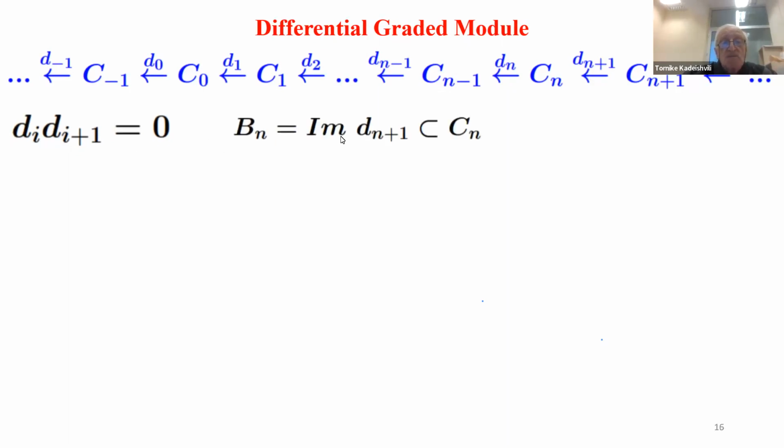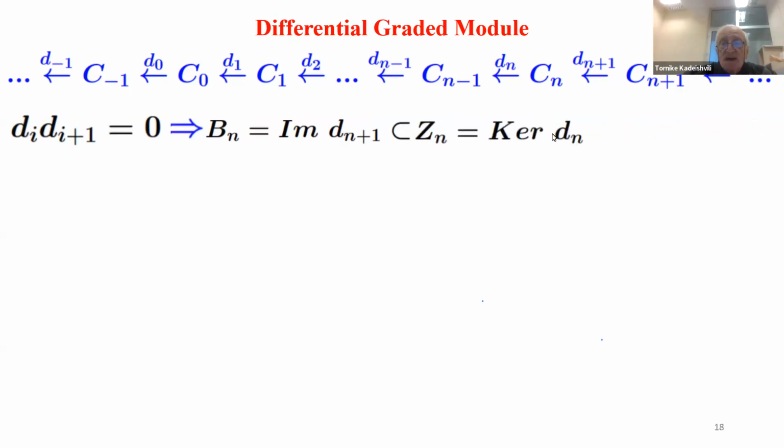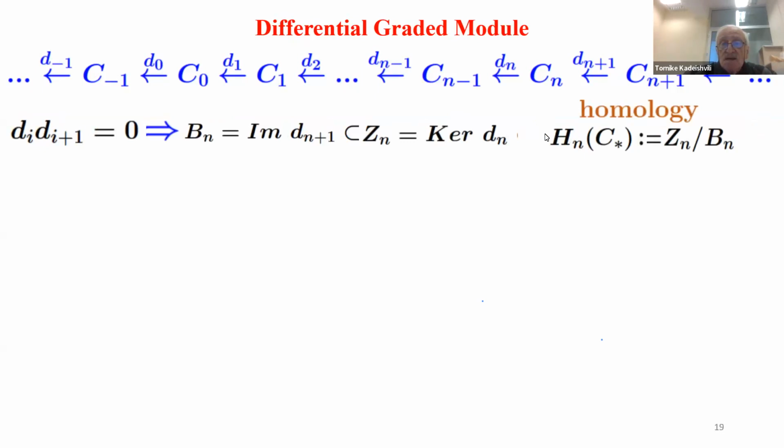The image of d is denoted by B, boundaries. The kernel of d is called Z, cycles, and the condition dd equals 0 implies that B is part of Z. So we can factor, and the factor is homology. Henri Poincaré, beginning of the 20th century.